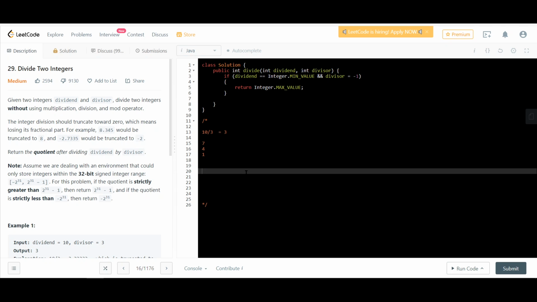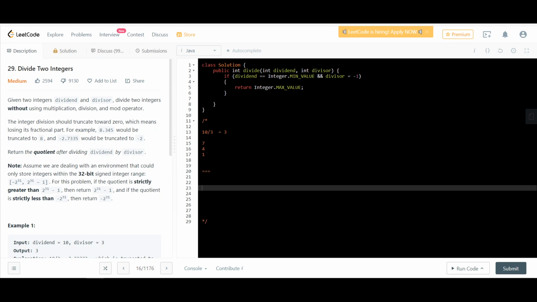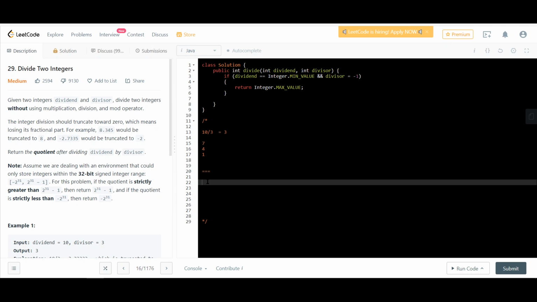So another way that we could do is, instead of just subtracting the divisor one by one, we could subtract some higher multiple of the divisor, but we can't multiply. So if you want to make the divisor bigger, or see how many divisors I can remove from the dividend, that can come from a left shift operator, which will multiply the divisor by 2.